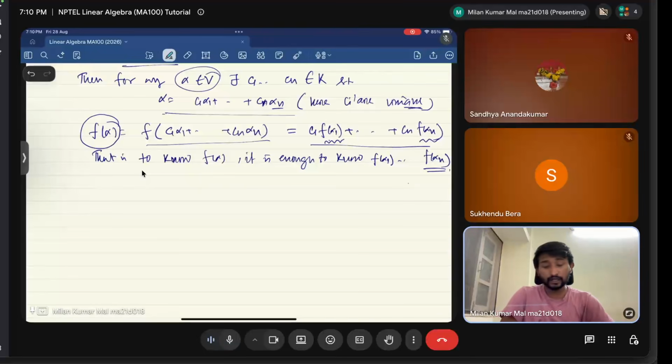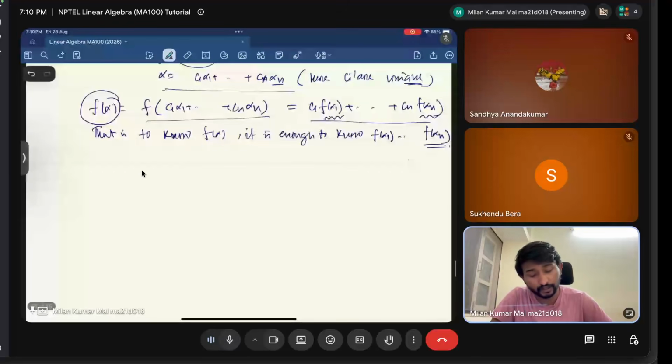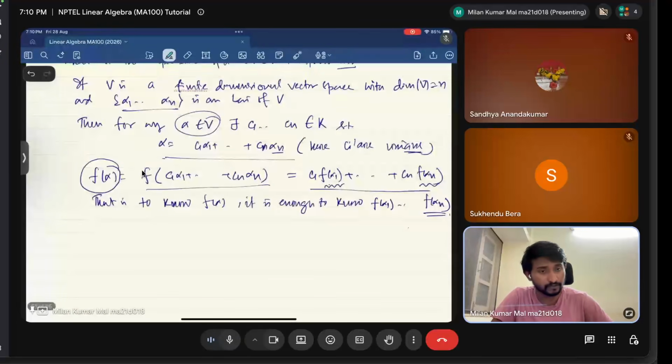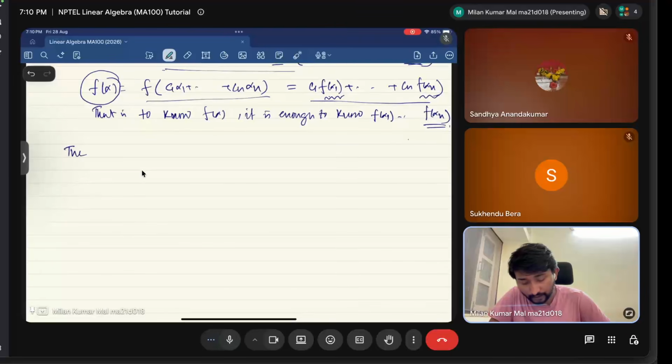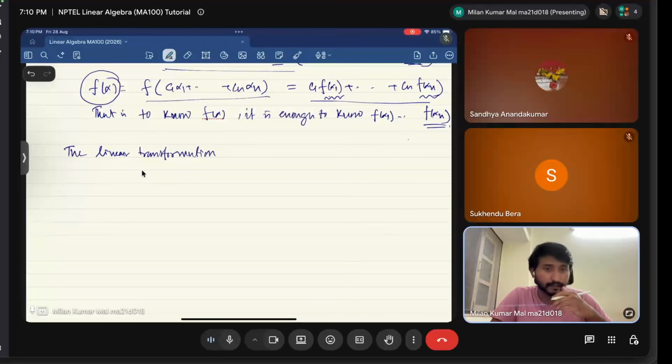But here I'll just take one more point. Now, this is what is called a linear transformation, and this is its importance. Next point is when we say the linear transformation is injective. Note that a linear transformation can be called a K-linear map or K-linear homomorphism.